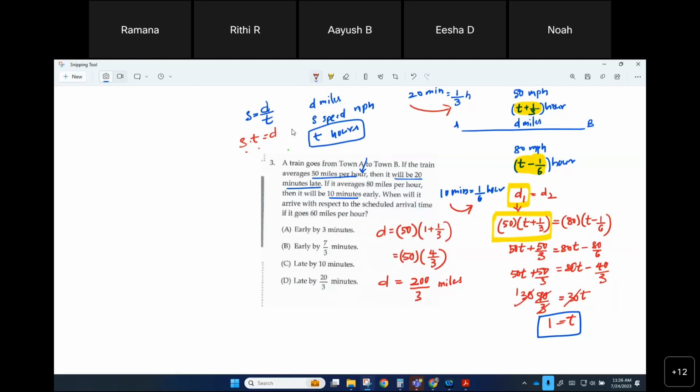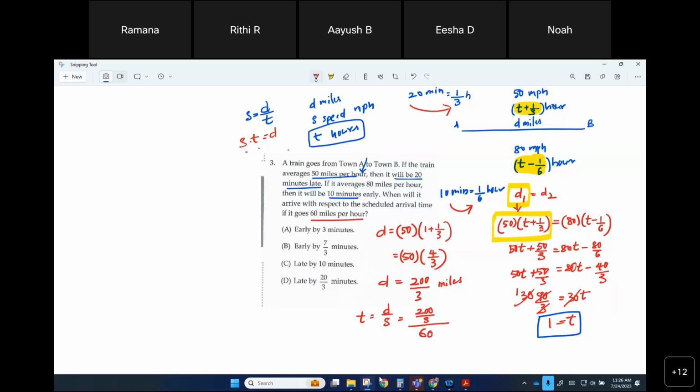Now, to travel this distance at 60 miles per hour, let's find the time. Time taken is distance over speed. The distance is 200 over 3 miles, the speed is 60 miles per hour.